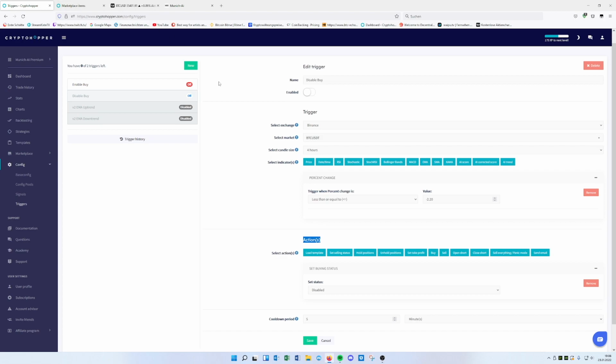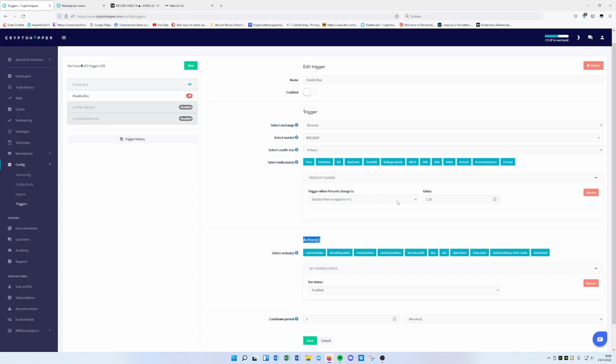And then when should it be enabled again? This is like the other one. This is enabling, we name it. It's just a new one, enable. Then here you also enable it, put again Binance, BTC, 4 hours, everything is the same. And then percentage change.